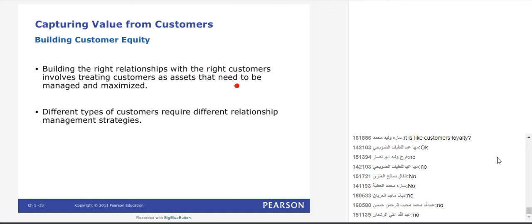Building the right relationship with the right customers involves treating customers as assets that need to be managed and maximized. So we require different relationship management strategies. Okay, that's it for capturing value from customers. We finished this model.